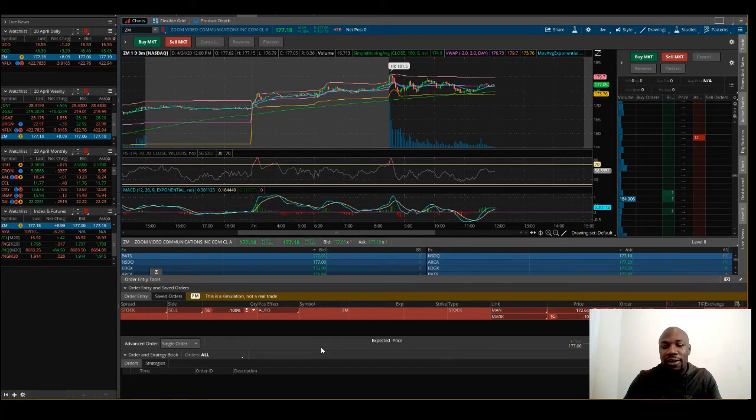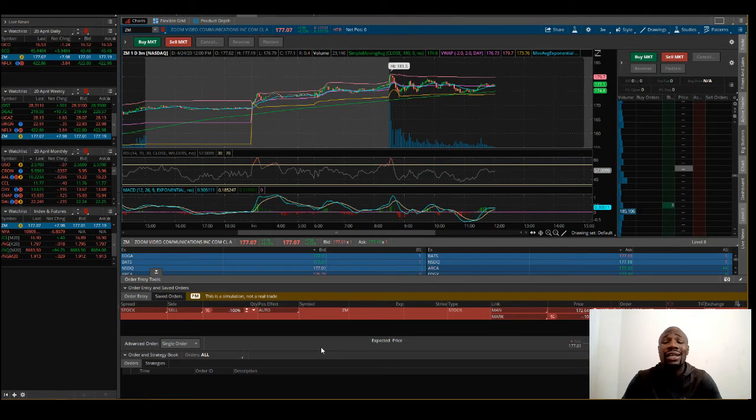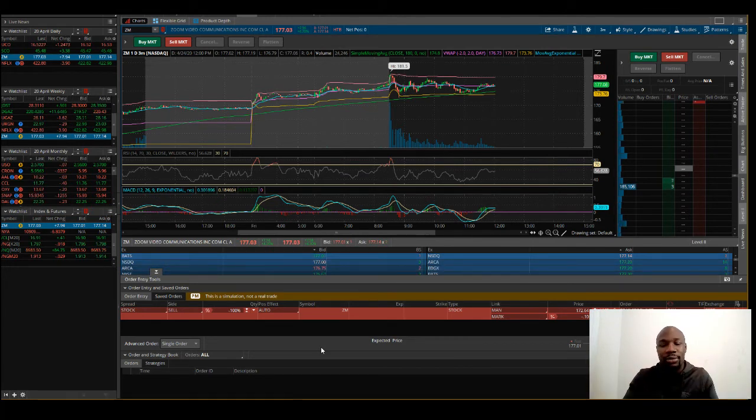Those are some of the different order types, guys. Please, please, please, if you plan on trading, practice on simulated trading. There's nothing worse than accidentally sending a market order when you meant to send a limit order, and there's nothing worse than not understanding how to actually trade limit orders.